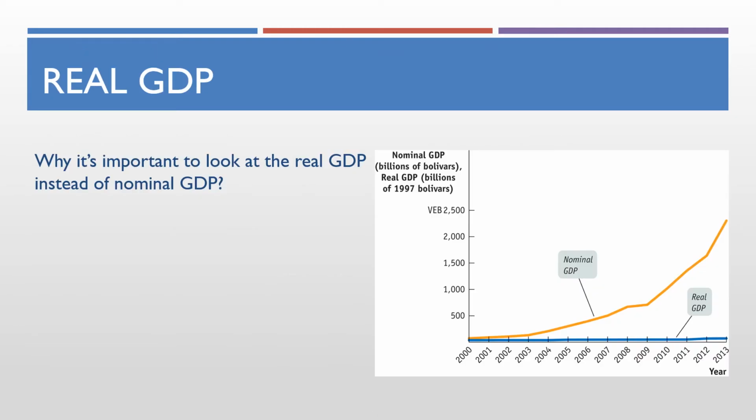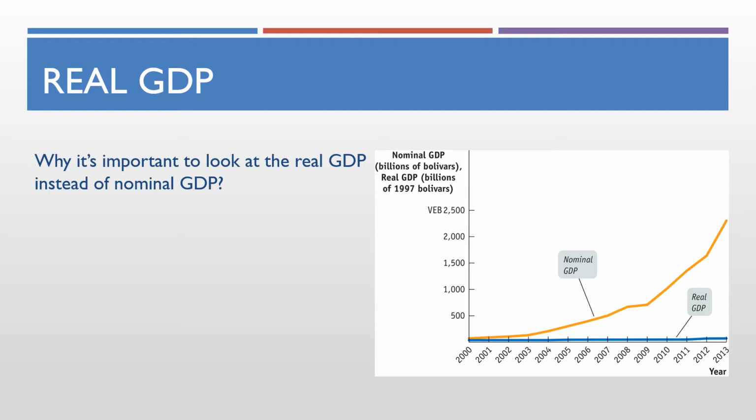Well, one thing that's very important for a student to understand about real GDP and nominal GDP is that sometimes when you're reading articles, especially when the article is showing you a graph similar to this one, it could be very confusing what you're looking at.